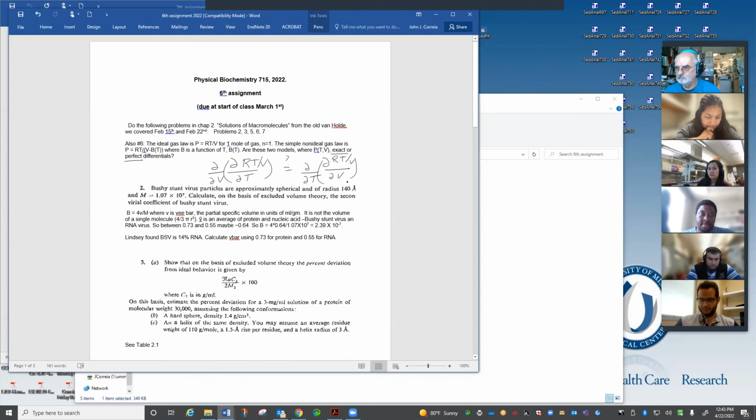And the same for the other form, which involves accounting for the volume of the molecules. I'm going blank at the moment what that equation is called. It has a name.